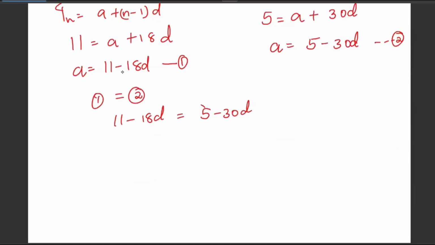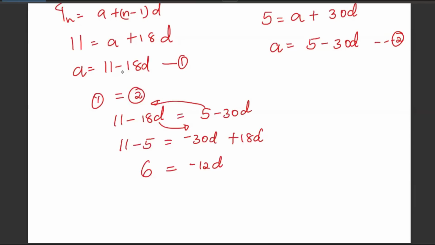Let me move this 5 to that side, move the 18d to that side. So 11 minus 5 gives us negative 30d plus 18d. So 11 minus 5 gives us a good 6. And then negative 30d plus 18d is negative 12d.